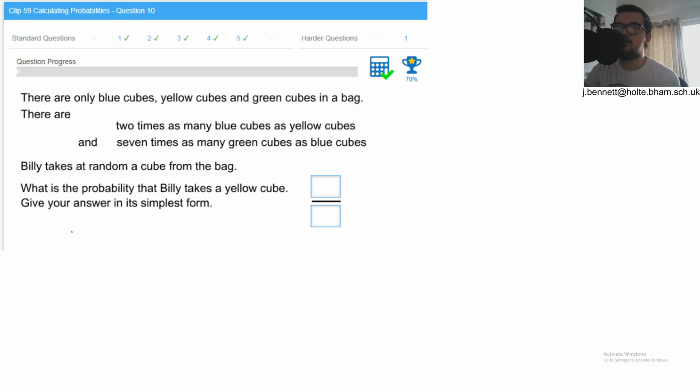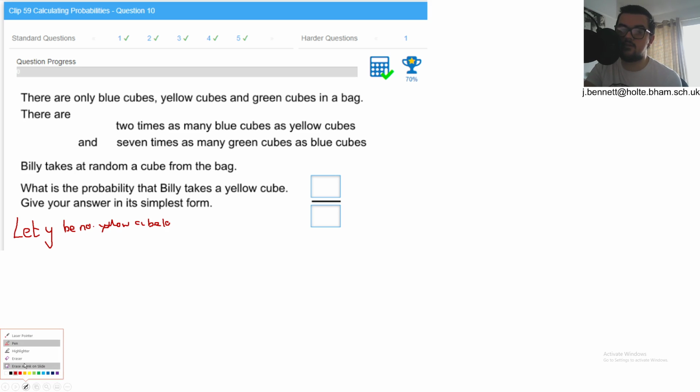So, we let the number of yellow cubes equal y.